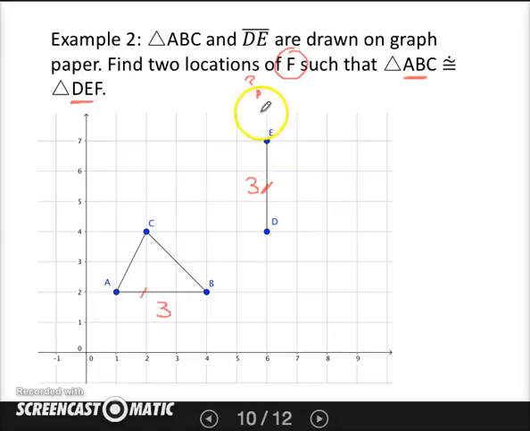Okay, now as we go around the triangle ABC, we go A, B, C. So the next side, BC, has a length that is the diagonal of a 2 by 2 square. This side BC must turn out to be congruent to side EF in the other triangle.